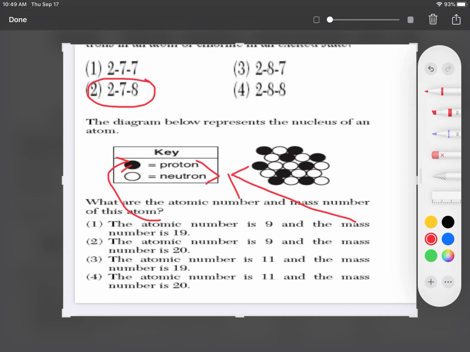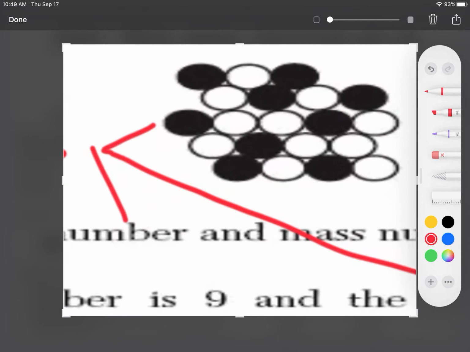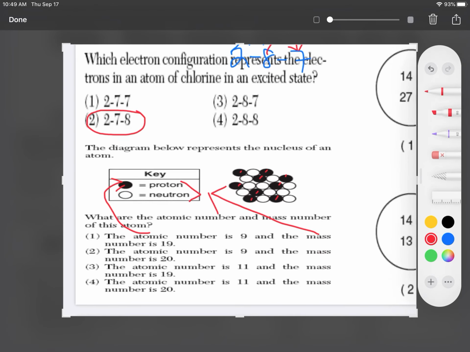Protons are represented by the black circles, while neutrons are the white circles. Let's count the number of black circles for protons. 1, 2, 3, 4, 5, 6, 7, 8, 9. So the atomic number is 9. Okay, so it can't be choice 3 or 4.